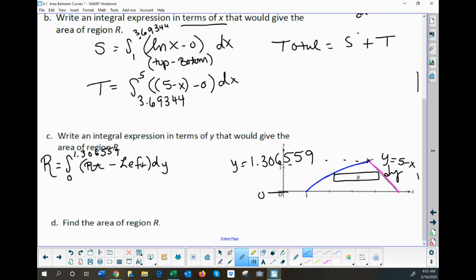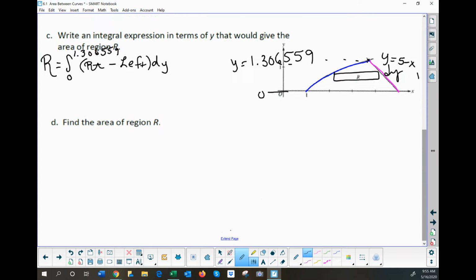That will not work for this. So we've got to transfer our equations. Where's a good spot to do that? Maybe right underneath here. So I have y equals 5 minus x. Let's solve for x. That'll end up being x equals, add x, subtract y, 5 minus y.